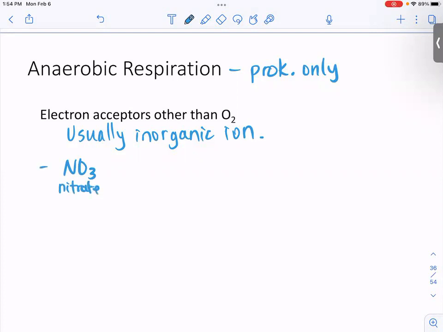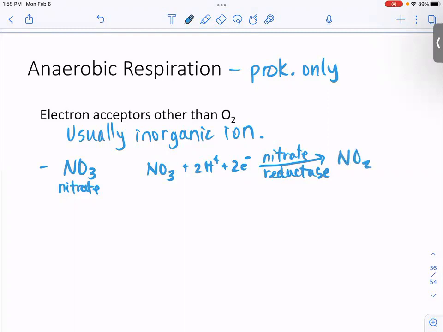Let me write that reaction, because this is one that you're going to talk about in lab next week. If you add a few protons and a couple of electrons, and the organism can produce an enzyme called nitrate reductase, then we end up with nitrite and water.